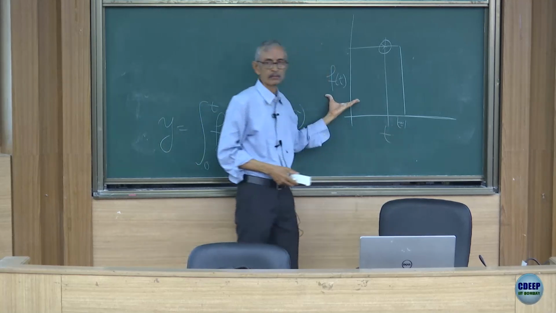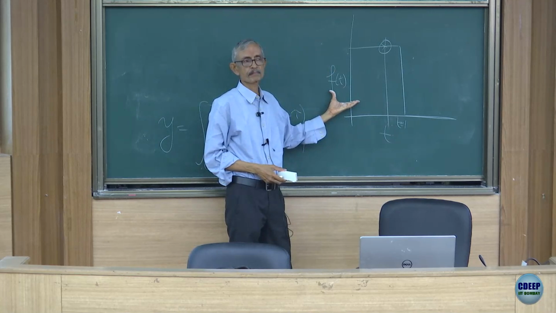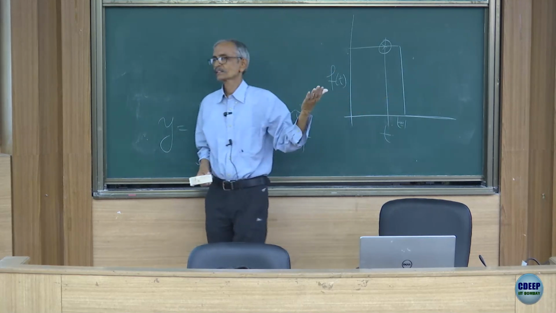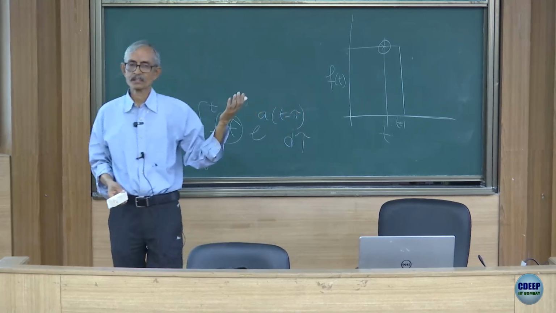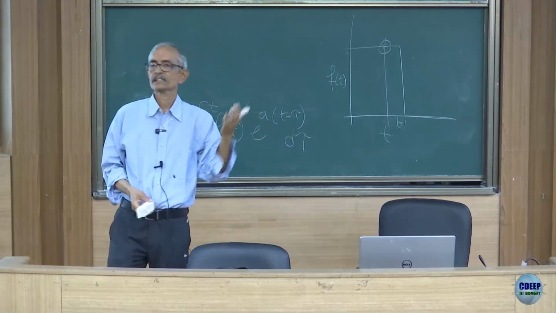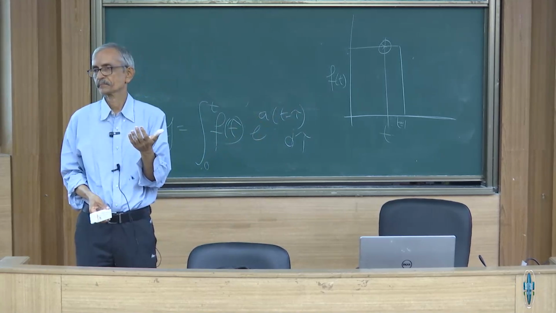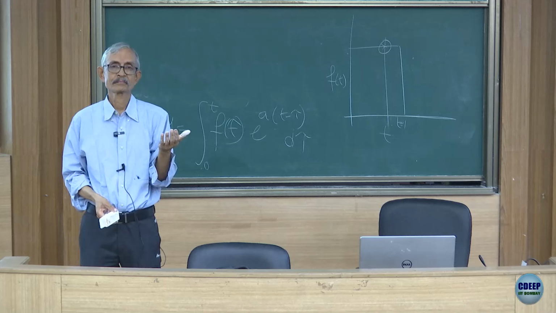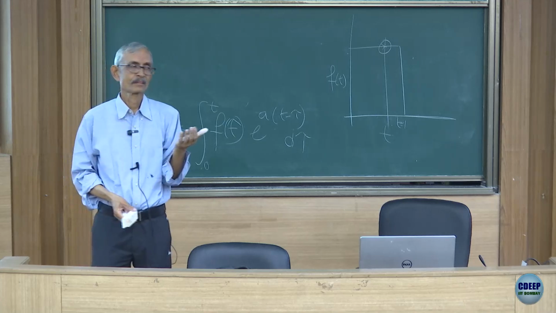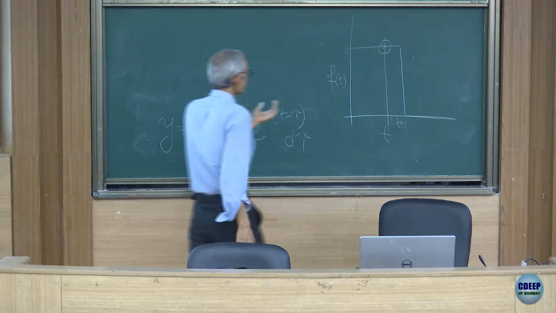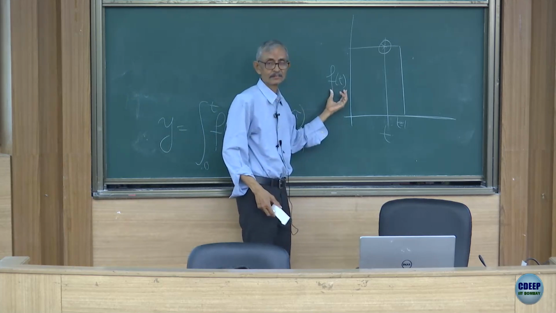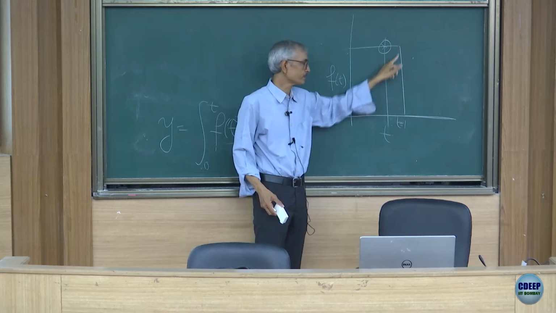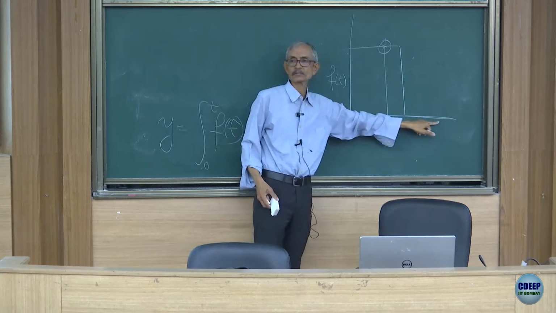What happens to f tau when t is greater than 1? Zero? This is f tau, correct? It is 1 up to here, then it goes down, and then it goes there.